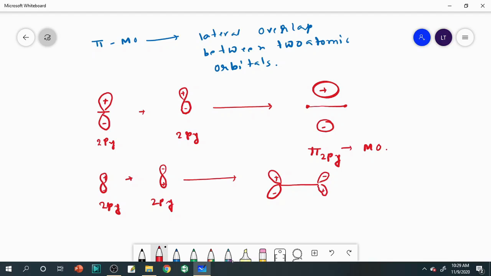When you see, in the middle there occurs no accumulation of electron density, so it is an antibonding interaction, and it should be designated as pi star 2py. The star should be in the superscript, and 2py, that is the atomic orbital from which this molecular orbital has been formed, should be written in the subscript. So this is the pi star molecular orbital.